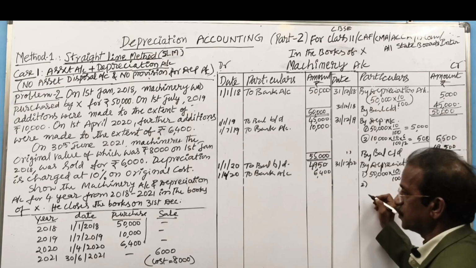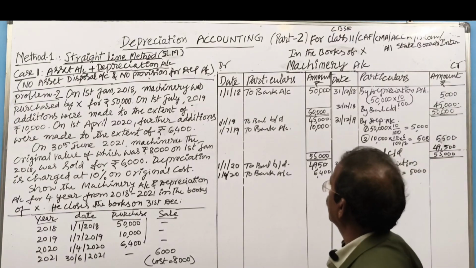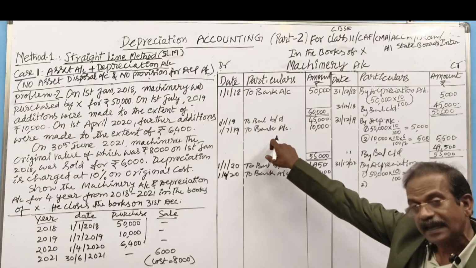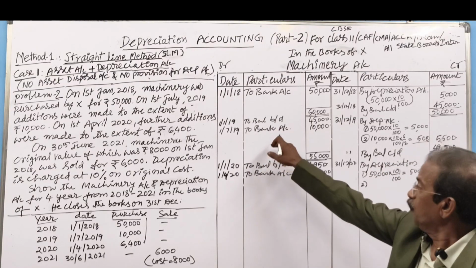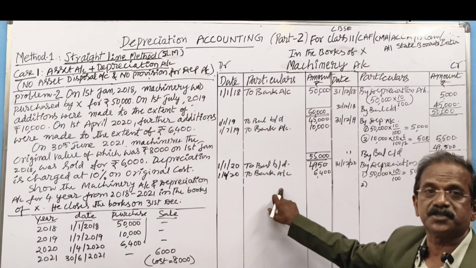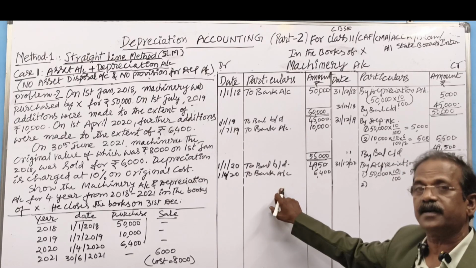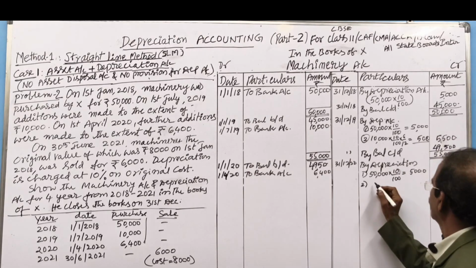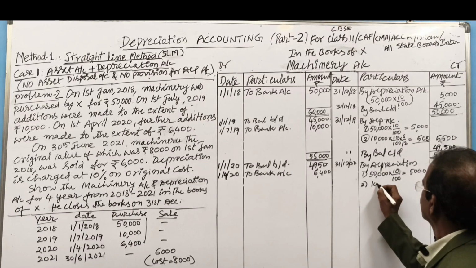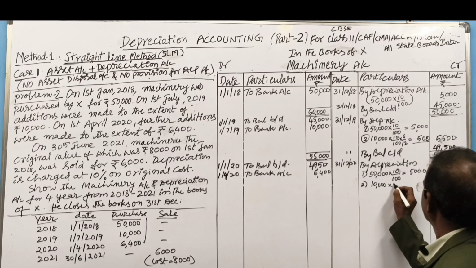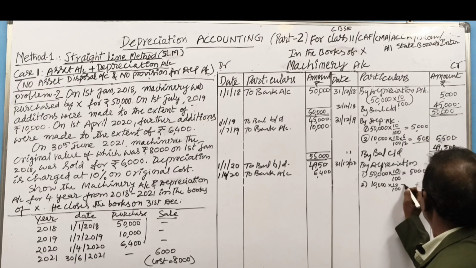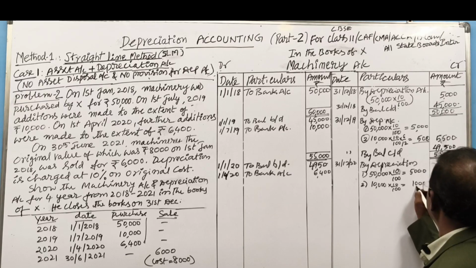Second machine also used for the whole year because we purchased it in the second year. Now we are calculating the depreciation for the third year. That's why we have to calculate it for the whole year. That is 10,000 into 10 by 100 equals 1,000.